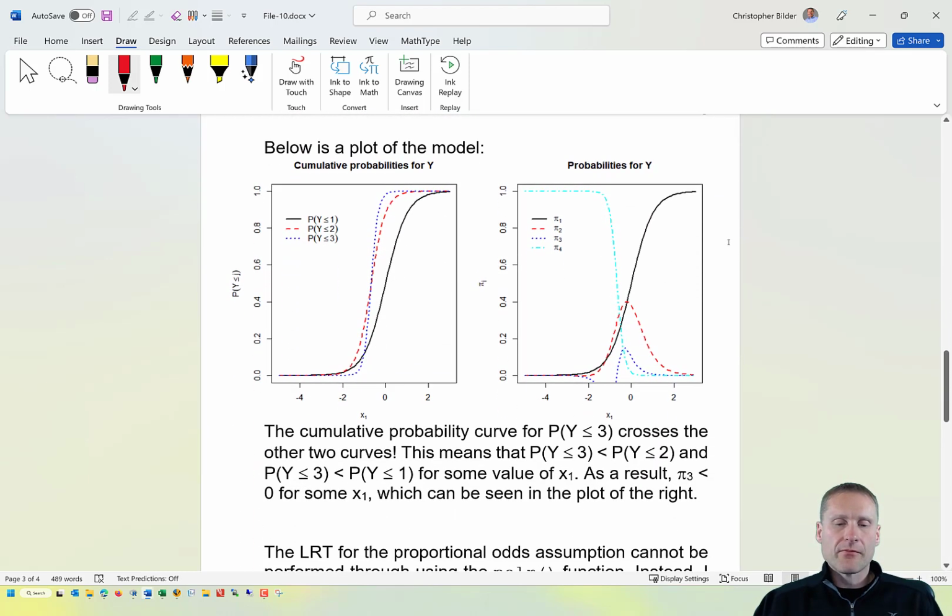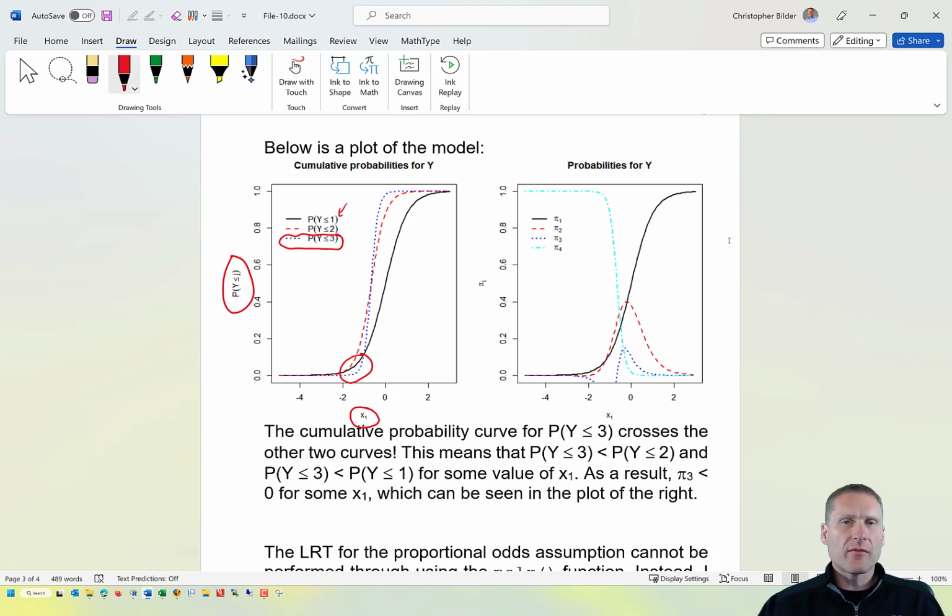Here we go. On the left side, we have these cumulative probabilities. On the x-axis we have values of our explanatory variable. Now the part that causes a problem with this model is right down here. The probability that Y is less than or equal to 1 can be greater than the probability that Y is less than or equal to 3. That can happen.